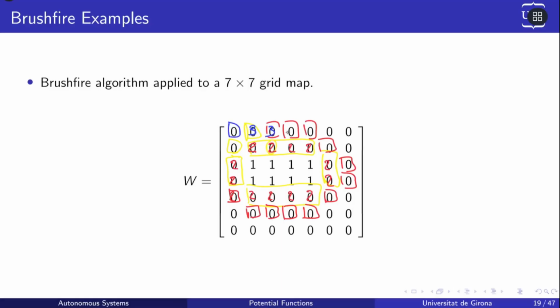I add this one with a 3 in the list, and this one, 3, and this one, 3, and this one, 3, and I add all of this, plus this one, and that's all.